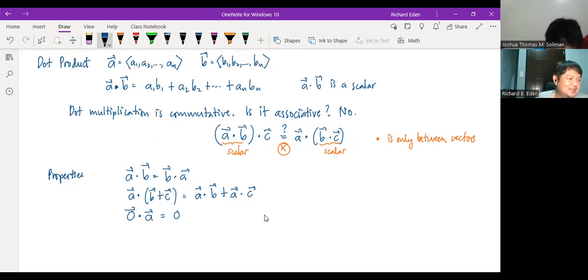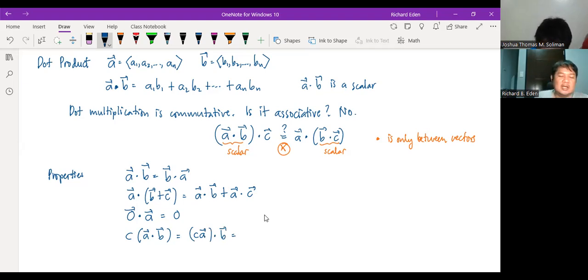Okay, and same with scalar multiplication. Say we're looking at C and then A dot B. C is a scalar because there's no arrowhead above it, so we don't need a dot after C. When it's a vector, you must only use parentheses to denote multiplication.